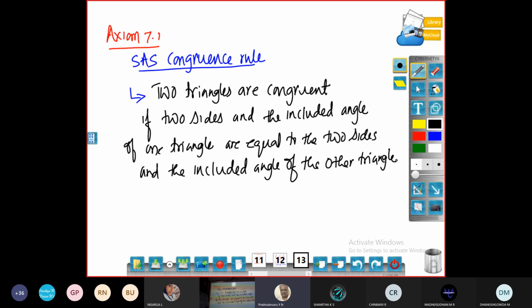So this is the statement. We call this the SAS congruence rule or SAS congruence criterion. So, side-angle-side criterion.